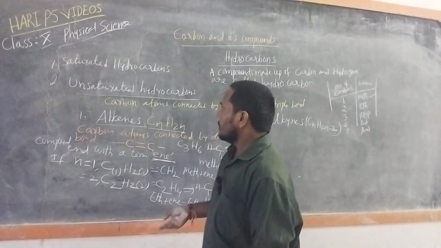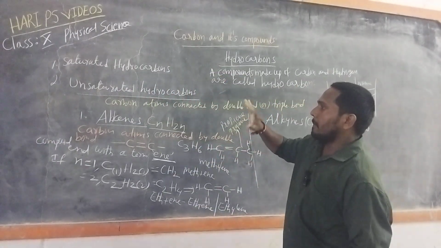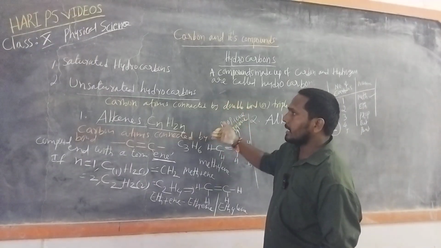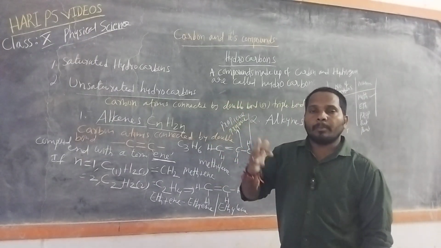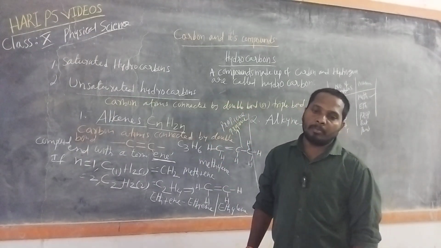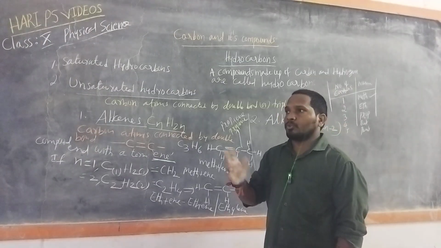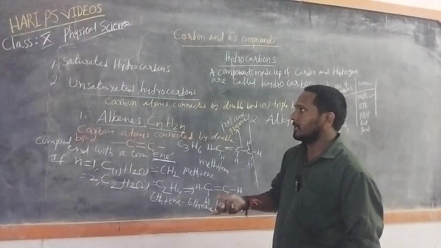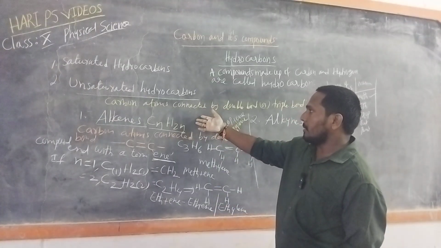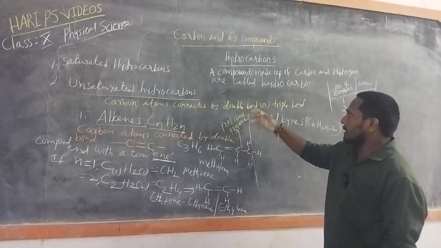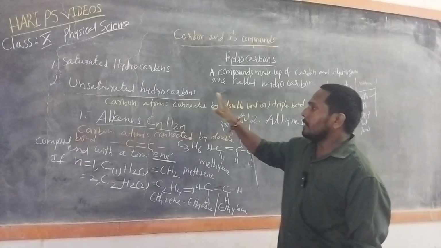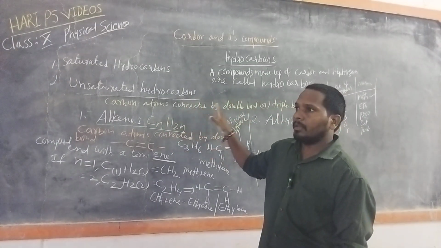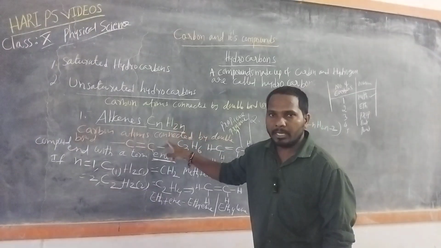Here the hydrocarbon or the carbon compound, the organic compound, has a double bond or triple bond. So they are called unsaturated. Unsaturated hydrocarbons have a double bond or a triple bond. If the carbon atoms have a double bond, then we call them alkenes.